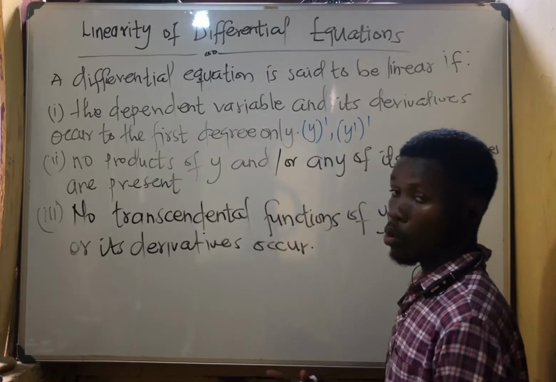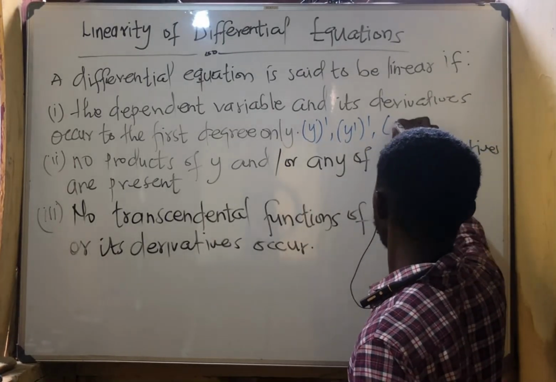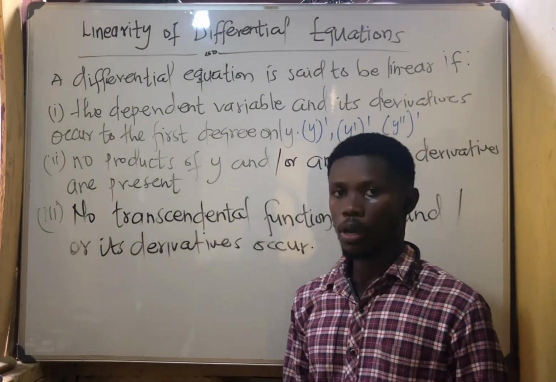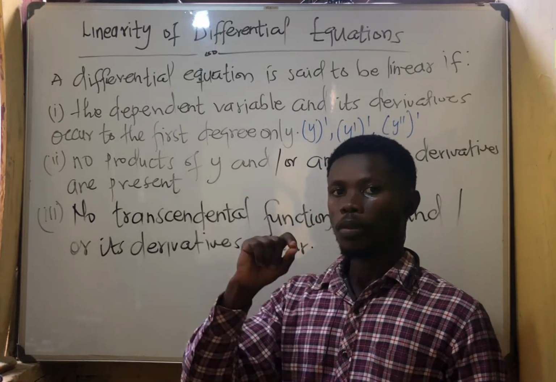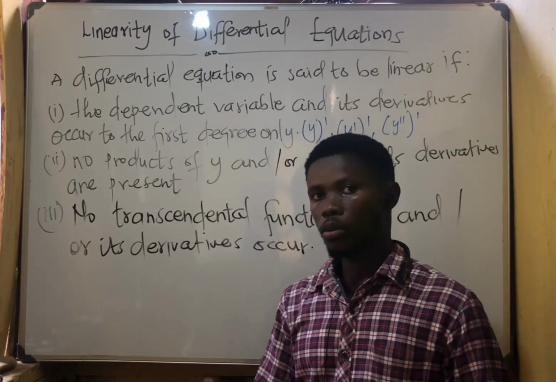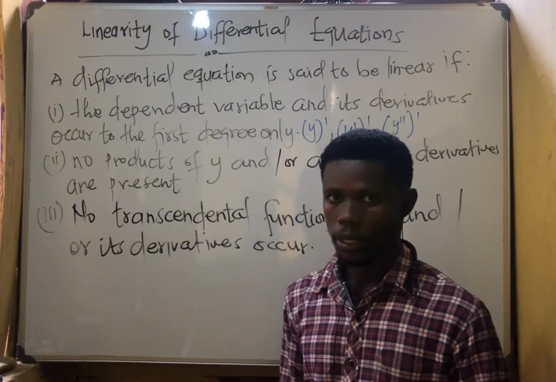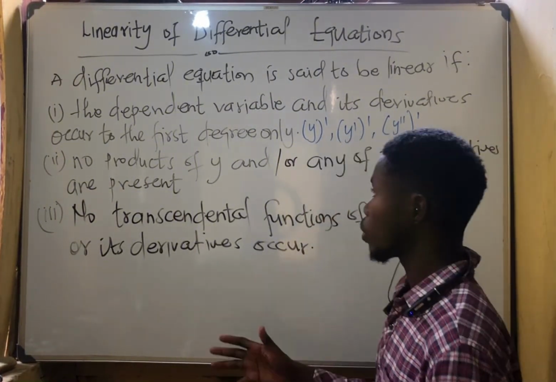When you say y prime, I hope you know that is dy dx. Good. I can also have something like y prime prime, but the power should be 1. That's what you are trying to say. In no account should the degree of the dependent variable be more than what? 1. Anytime that is more than 1, then it becomes what? Non-linear. Now let's move to the next one.